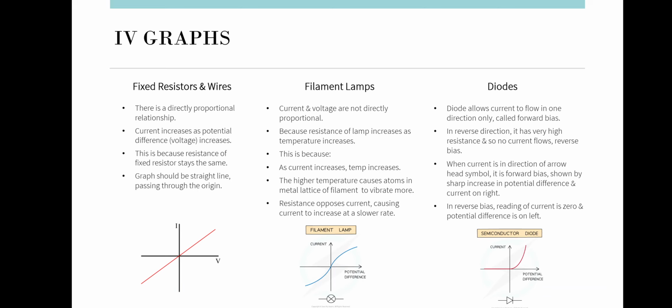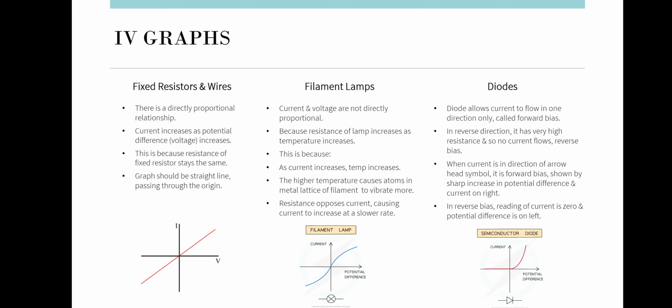So resistance increases, and resistance opposes the current, which causes the current to increase at a relatively slower rate compared to potential difference. This is the explanation, and the graph for this will not be a straight line going through the origin, but a line going through the origin which is slightly curved. You can see in the diagram here.